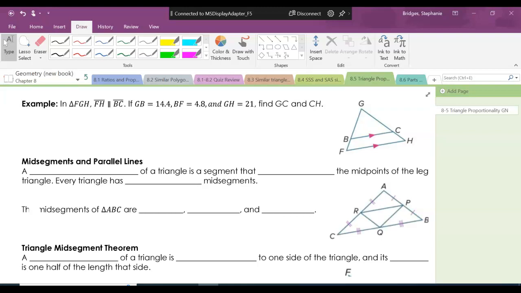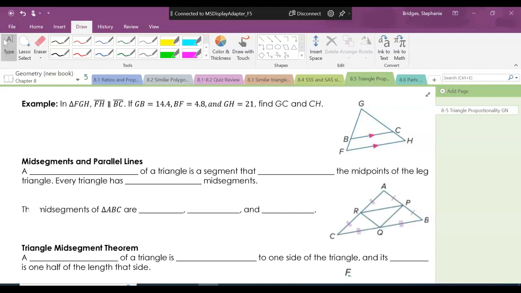I'm going to draw it up here on the board just because I don't have enough room to work up there. All right, what's the first piece of information it tells me? GB is? Okay.